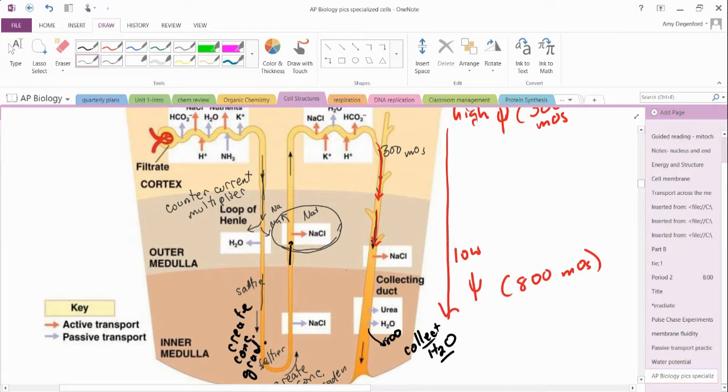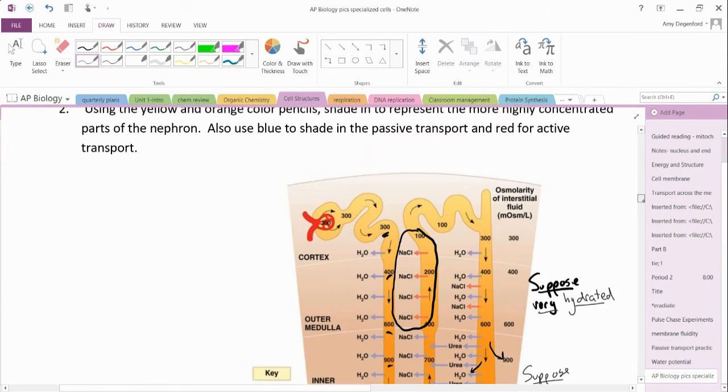So this might be 300, but then the surrounding area is going to be like 600, and then down here it might be 800, and then as it leaves it might encounter 1200. So we're going from an area of high water potential to an area of low water potential, and that's why the water leaves, and we're recapturing it. And that's the important thing.